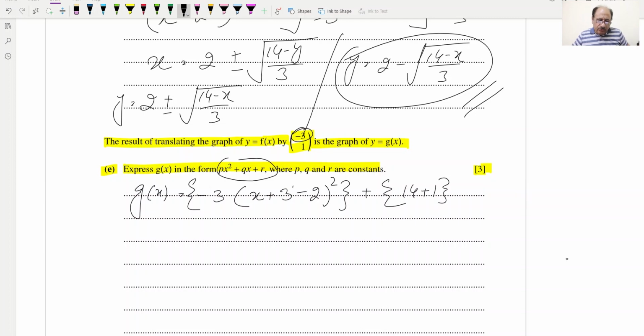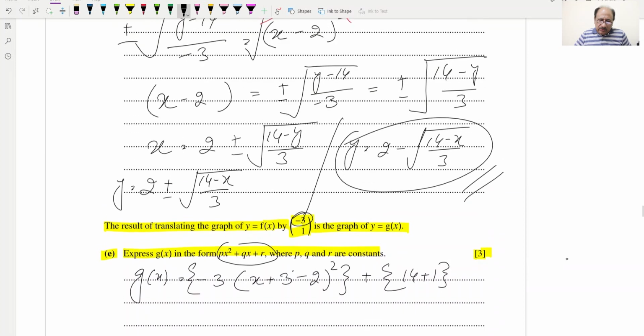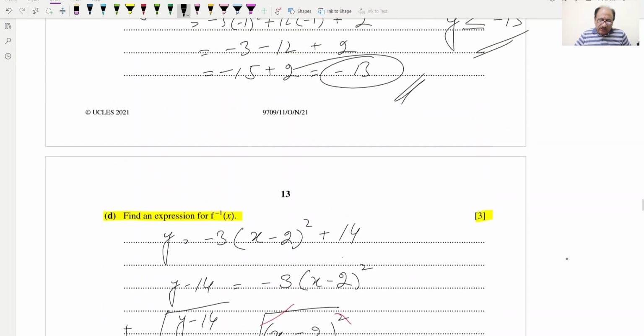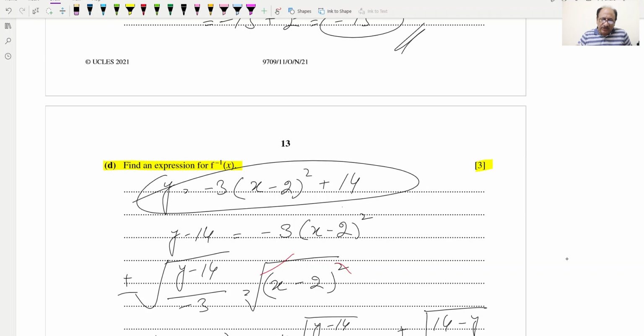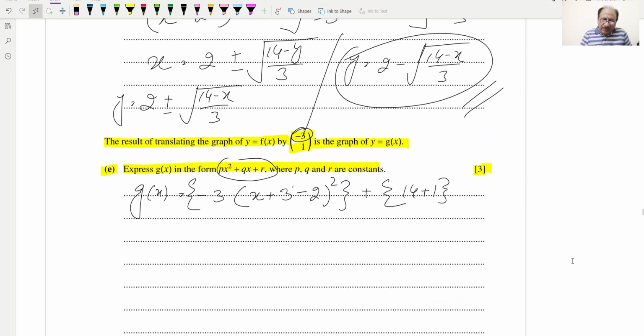What we are doing is using this completing-the-square equation and applying the transformation on it. So x we are replacing with x plus 3, because the x shift is minus 3, and 1 we have added in this. So this is what we have applied as the transformation.